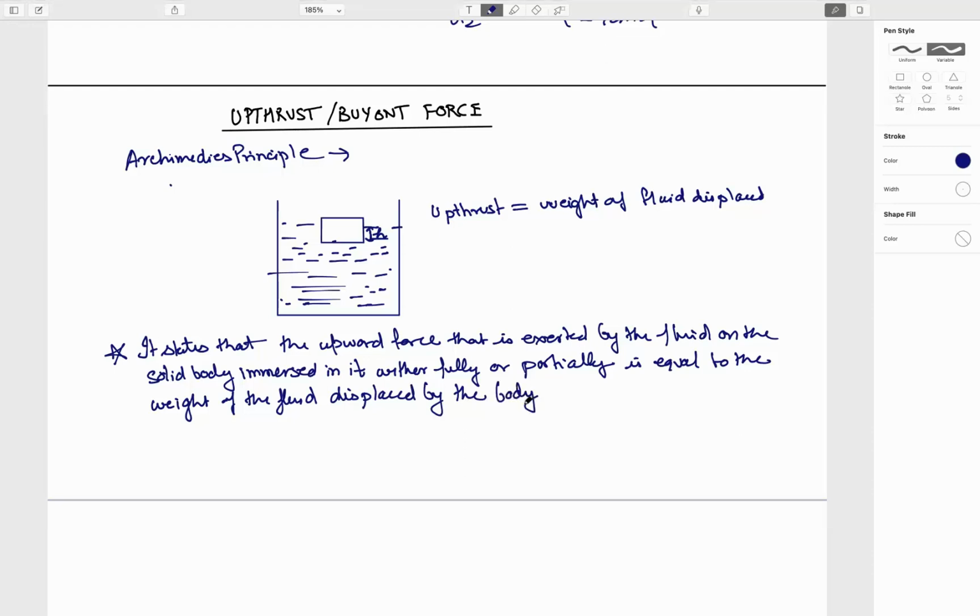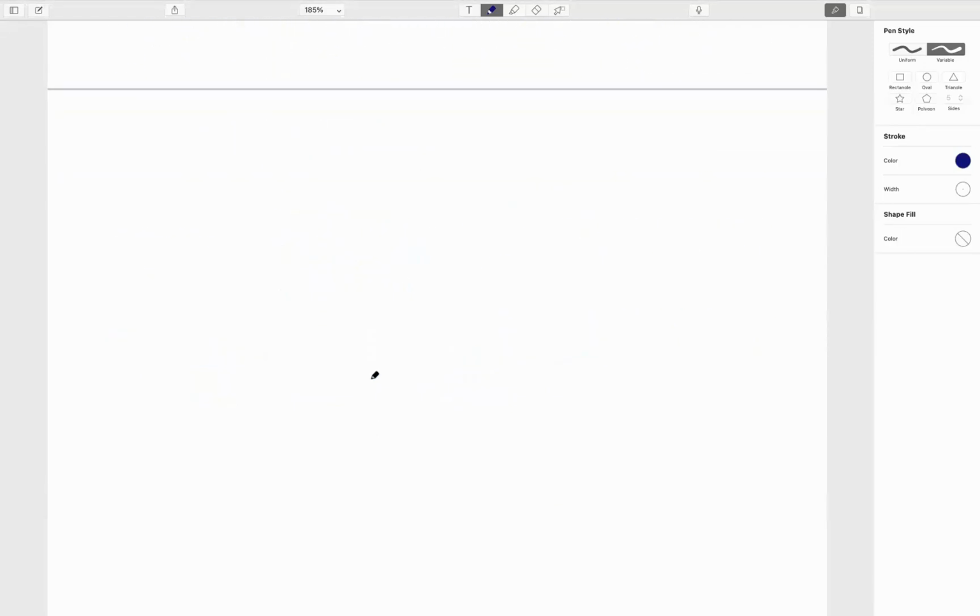That is the fundamental Archimedes principle. When this body floats over this fluid, it feels a force in this direction, and that force is equal to the weight of water displaced due to this immersion.